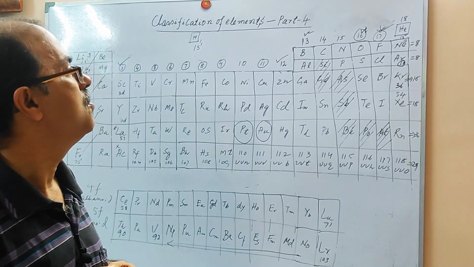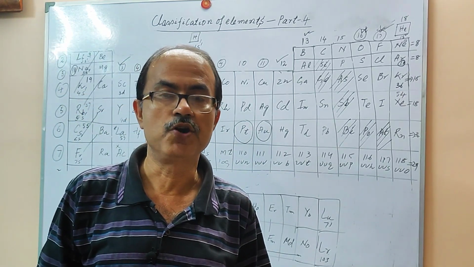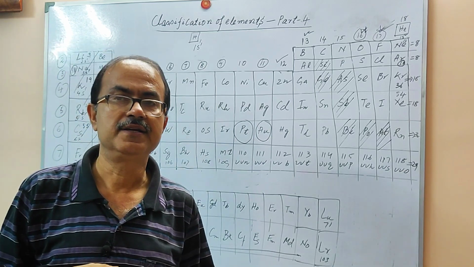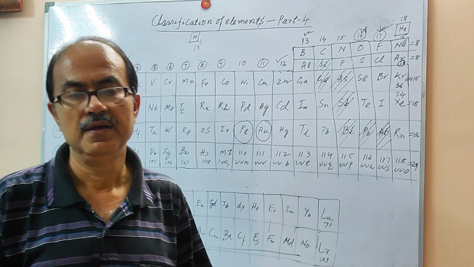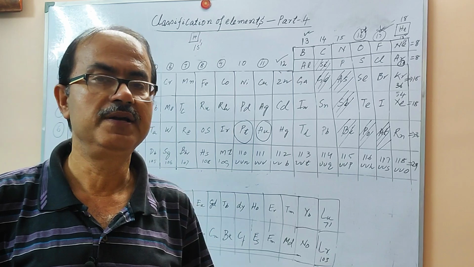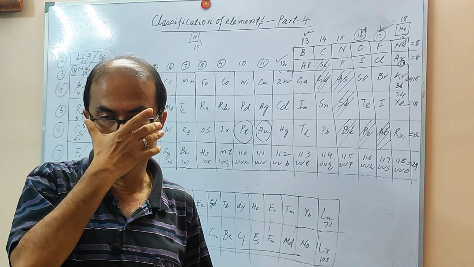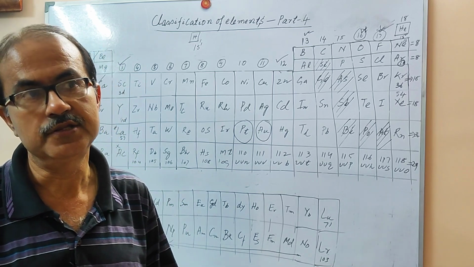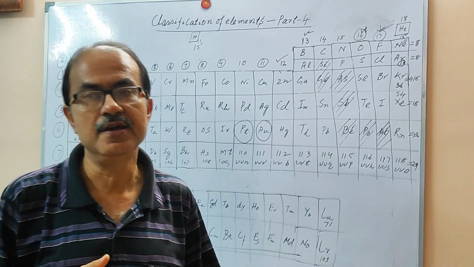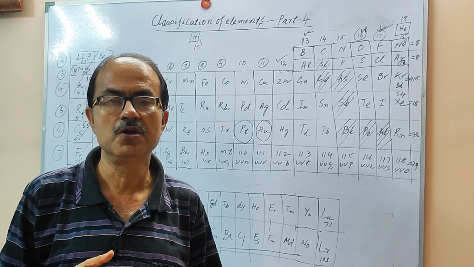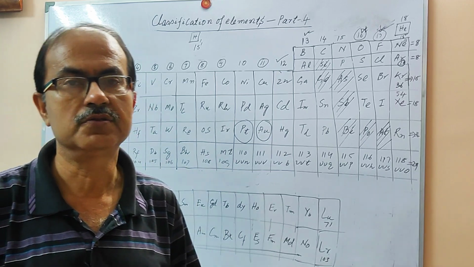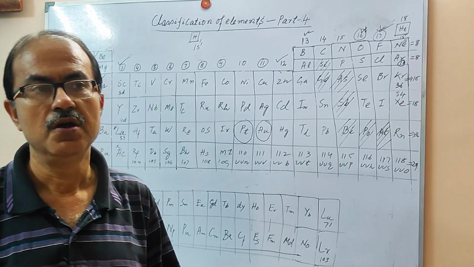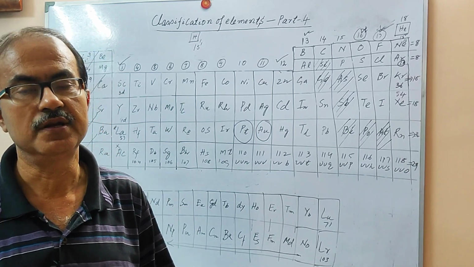In this video we will discuss a very important thing in the classification of elements: in the periodic table, the position of the element is very much dependent on its electronic configuration. There is a logical consequence between the electronic configurations of the atoms of the elements and their location in the periodic table.